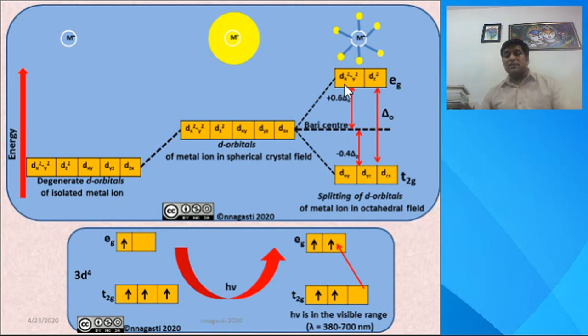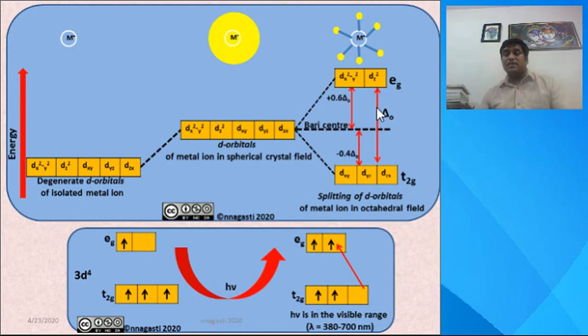These d orbitals get split into two sets of d orbitals: dx square minus y square and dz square, one set, that's called Eg. E stands for doubly degenerate and G stands for gerade. And dxy, yz and zx is T2g. T stands for triply degenerate, G stands for gerade.